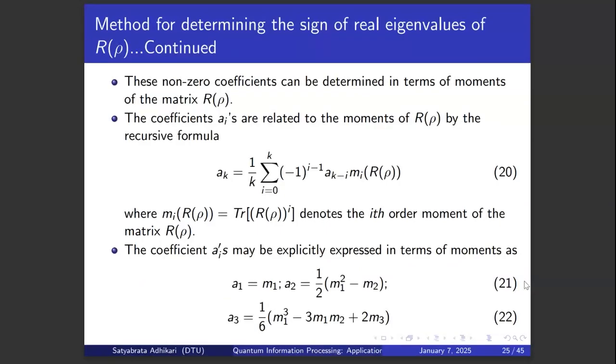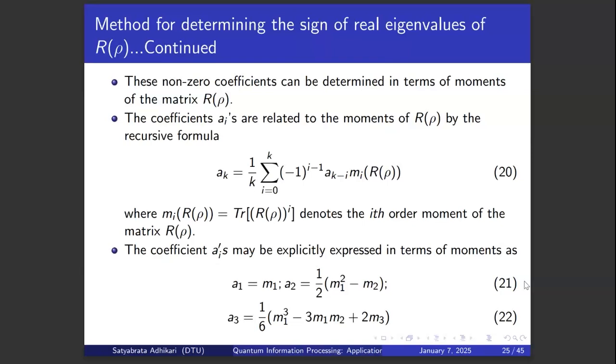what we have done is we have expressed these a_k in terms of the moments of R rho. Okay, since moments of R rho can be realized in an experiment, this means that in an indirect way, we can say that all coefficients can be realized in an experiment.